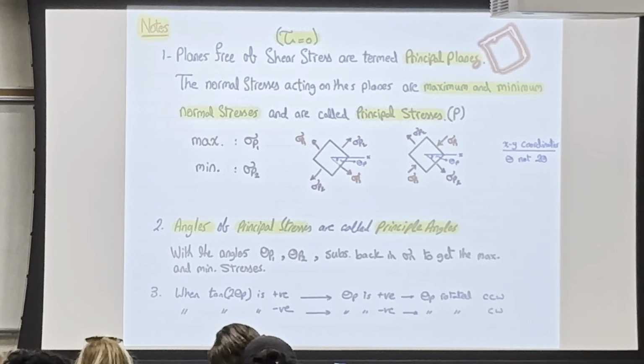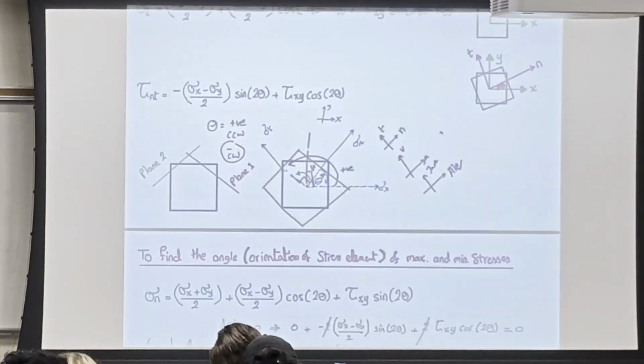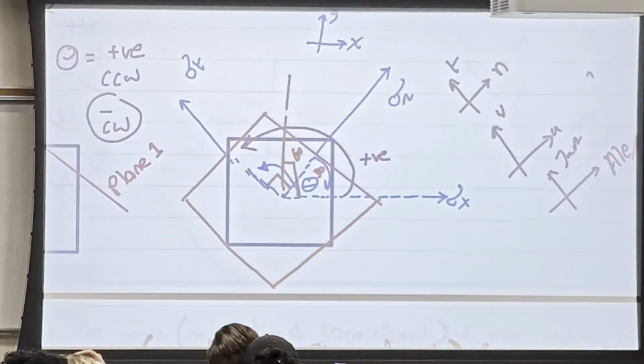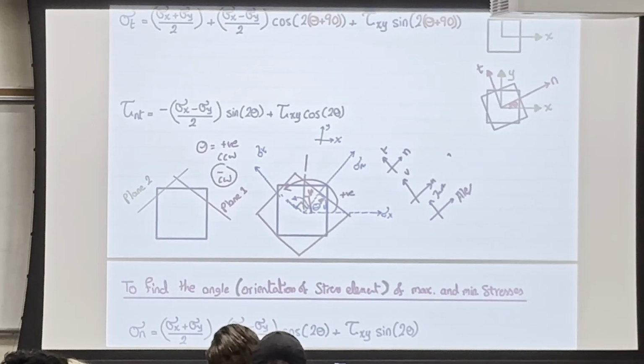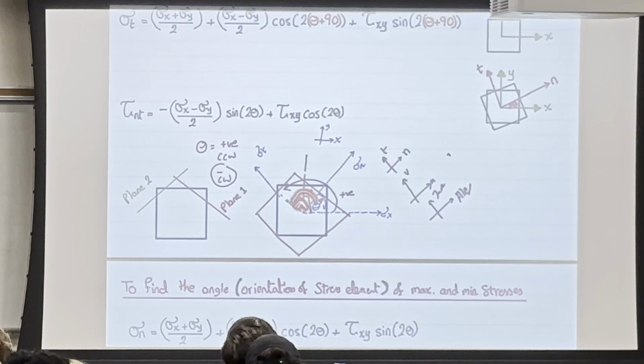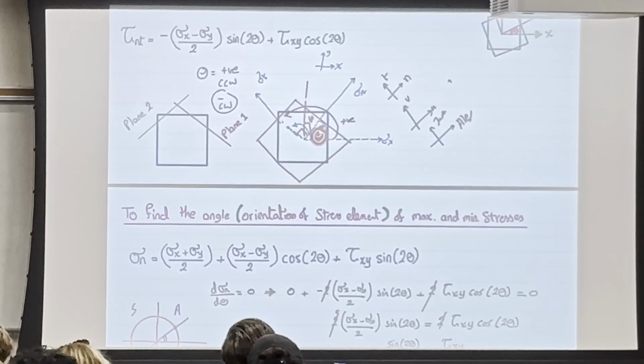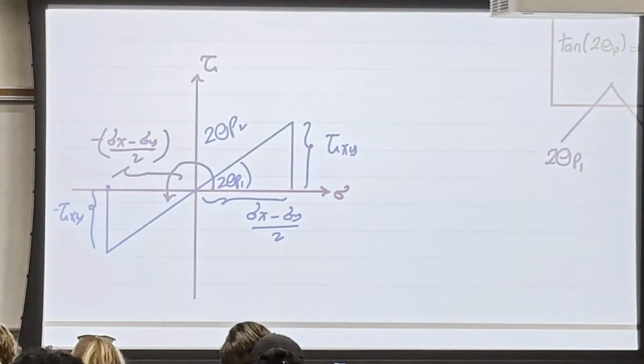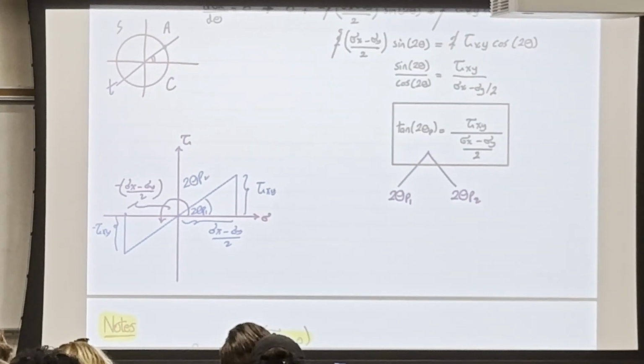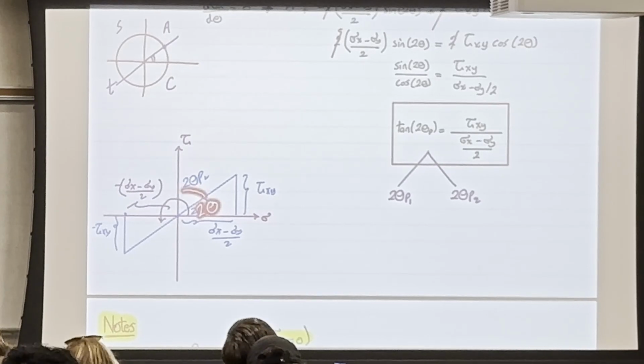Okay? Why are they orthogonal? We agreed from the beginning that two orthogonal planes are 90 degrees away from each other, right? But here we are talking about 2 theta. So 2 theta, they're gonna be 180 degrees away from each other.